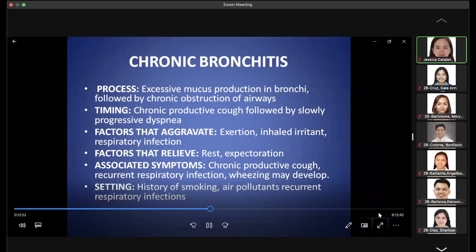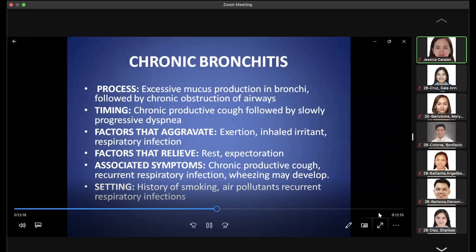So one of your differential diagnoses would be left-sided heart failure. How about difficulty of breathing in chronic bronchitis? In chronic bronchitis, there is excessive mucus production in the bronchi, in the airways, followed by chronic obstruction of airways. So this chronic productive cough is slowly followed by dyspnea over time.